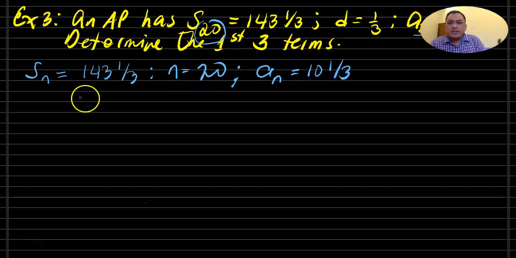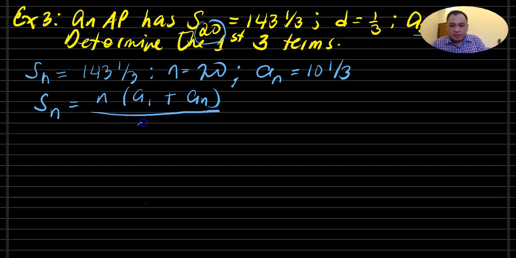Okay, so given this, what do you think? Which formula do you think I should use? The first one or the second one? If you said it's the first one, you are correct. It's going to be S of n is equal to n multiplied by the first term plus the last term, divided by 2.